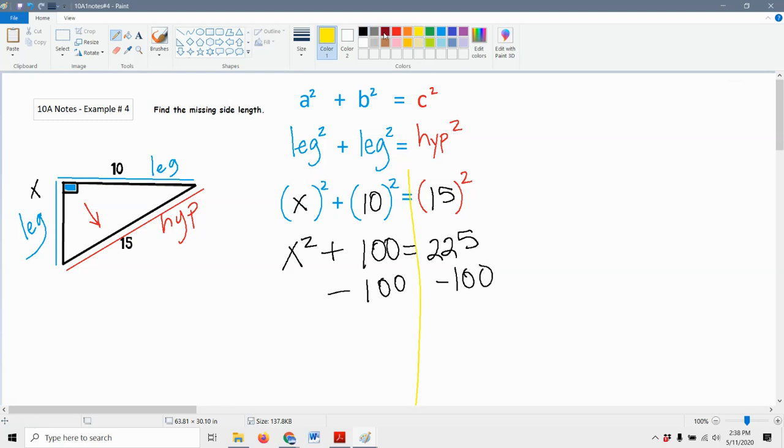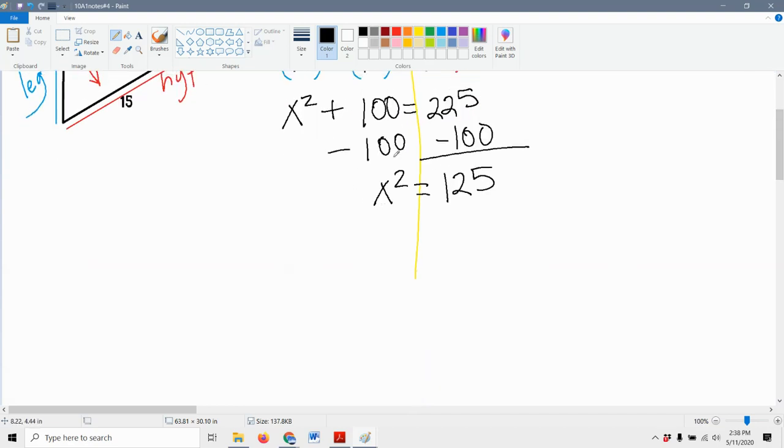And when we do that, we'll get x squared, these two cancel, 100 minus 100. And x squared is going to equal 225 minus 100, which is 125.